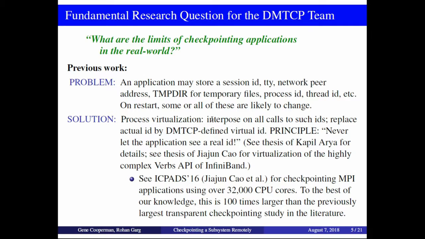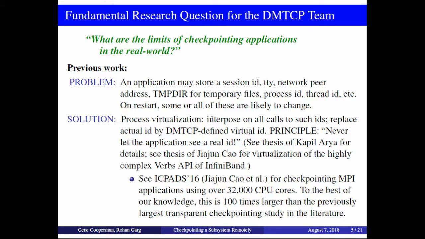A lot of that work you'll find in the thesis of one of my former students, Kapil Arya, and then an extension by Jiajun Cao, who showed how to also transparently checkpoint InfiniBand with no privileges. That turns out to be quite a trick since the API is quite complex.